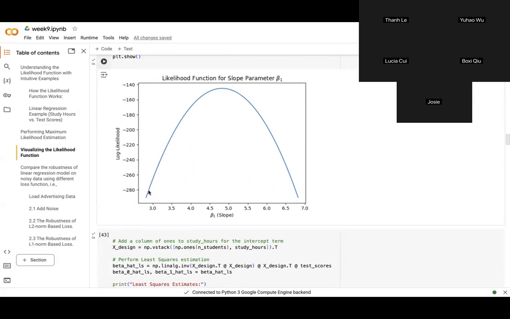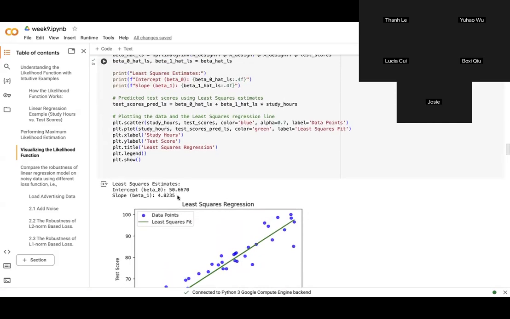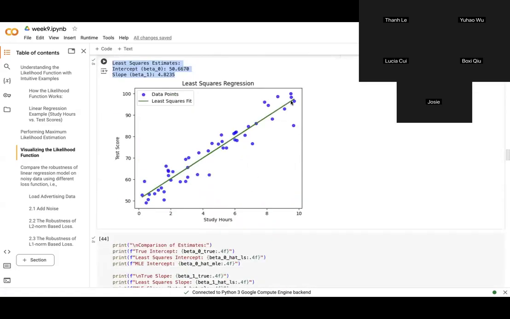We plot the log likelihood for different guesses of beta 1 to find which one gives the maximum log likelihood, and choose that one as our best approximation. This is also a visualization of our estimated linear regression, and it has a good fit to our training data.